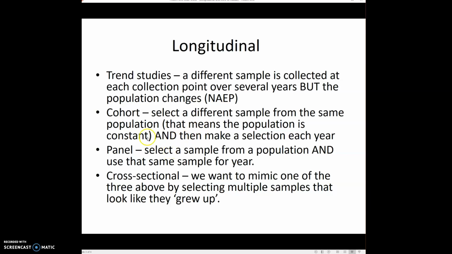The other one that people tend to do is something called a panel. This is where you select a sample from the population and you use that same sample for each year. So what that means is you're following a group through. So you take third grade and you look at what they're like in fourth grade and again in fifth grade. So it's the same sample from the same population year after year after year.